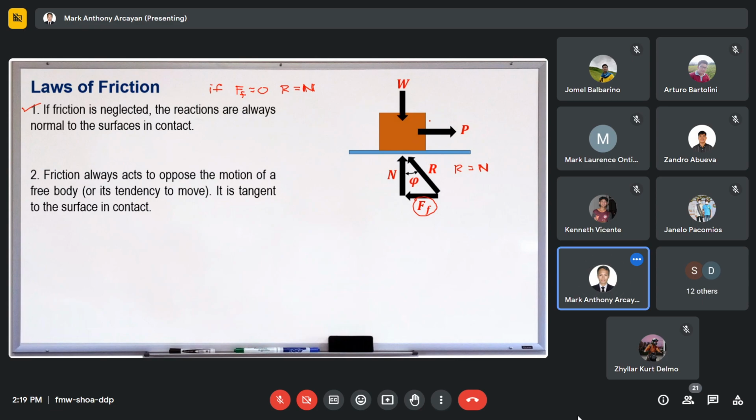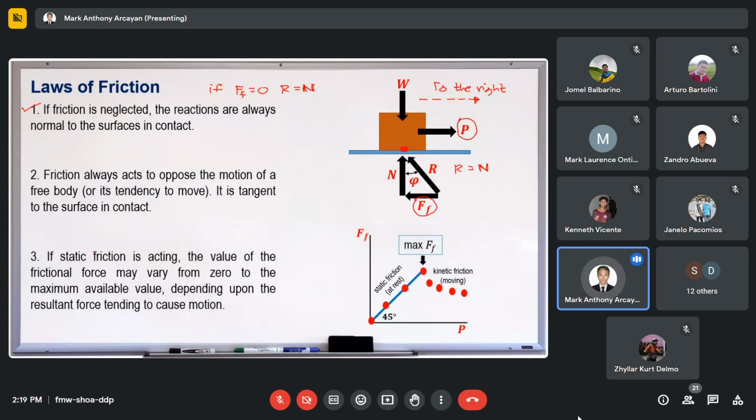If you apply a force P persistently towards the right, the impending motion is to the right, so the direction of the frictional force is to the left, because it is opposing. The frictional force is always tangent, or parallel, to the surface in contact.